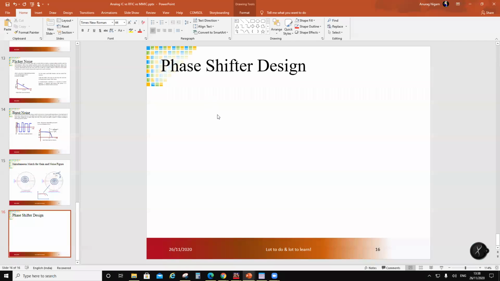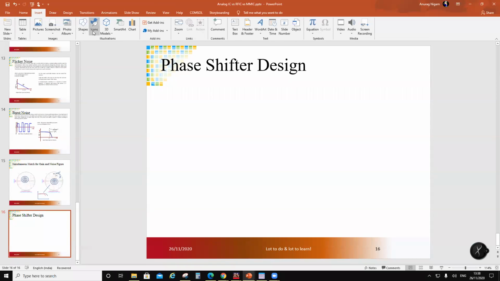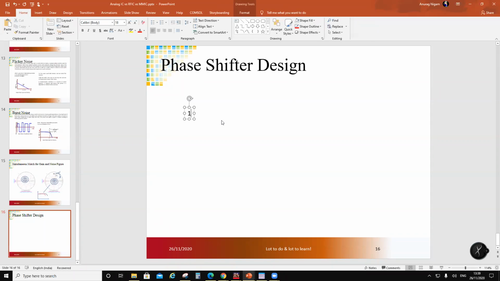So I have to make these elements which are binary weighted. So basically I have to do something which is 180 degrees, 90 degrees, 45 degrees, and what else? 22.5 degrees and 11.25 degrees.